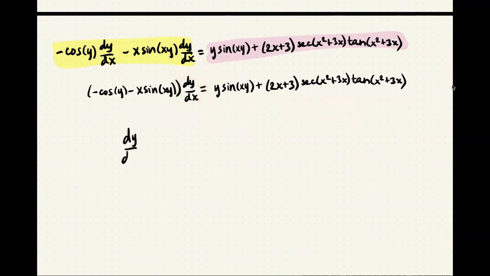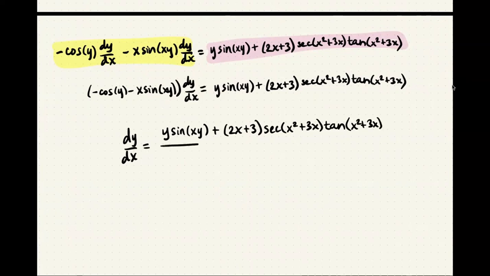So dy/dx equals, my numerator is just all the stuff that was already on the right-hand side. 2x plus 3, secant x squared plus 3x, tangent x squared plus 3x. All of that divided by this expression, negative cosine y minus x sine xy.